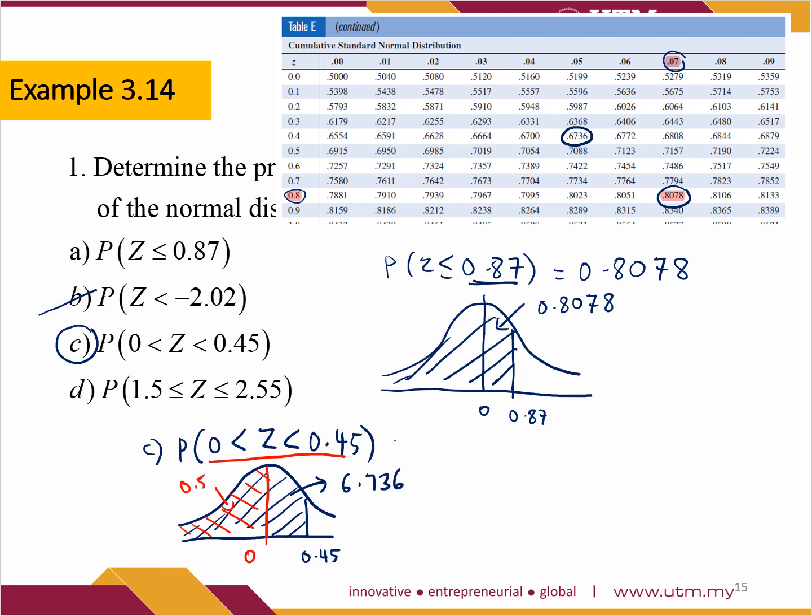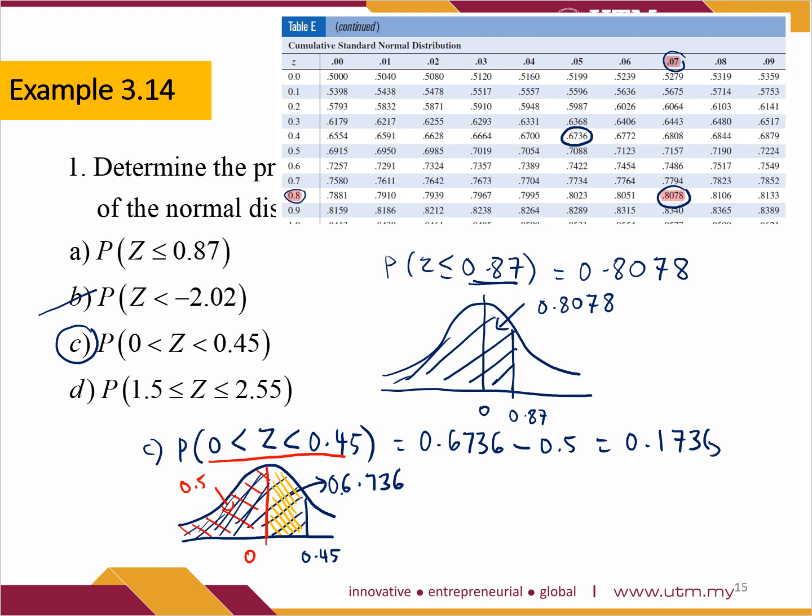So it will be 0.6736 minus the half area, 0.5. So the area here would be only 0.1736.